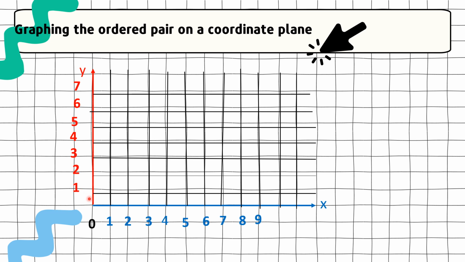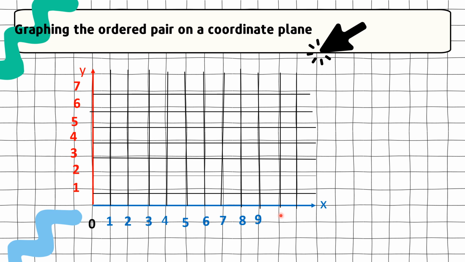On the y-axis I have 1, 2, 3, 4, 5, 6, 7. Why did I choose to write these numbers? Why didn't I write half, one, one and a half, two, two and a half? This is a question I will answer a little bit later with this graph.